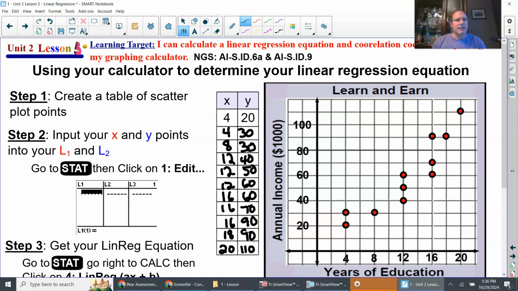So the question is going to ask you to create a table of scatter plot points and input your X and Y points into your L1 and L2. I just want to show you that a trend line would probably go from right about here. Let me move that down just a little bit. And that would be pretty much going through the center of all the points.